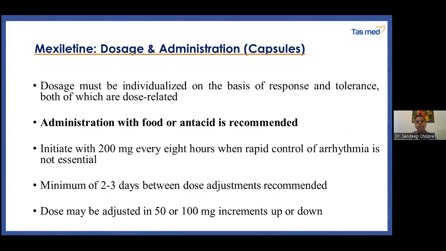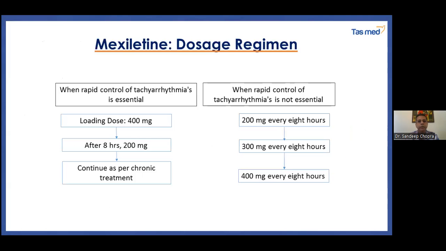So administration with food or antacid is recommended. Initiate with 200 every 8 hours. When rapid control is not essential, keep a minimum of 2 to 3 days between dose adjustments, and it can be up-titrated or lowered by 50 or 100 mg at one time.